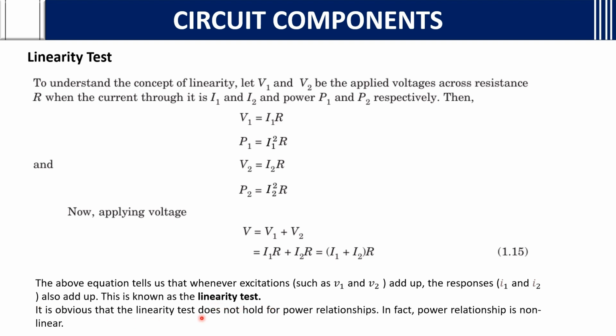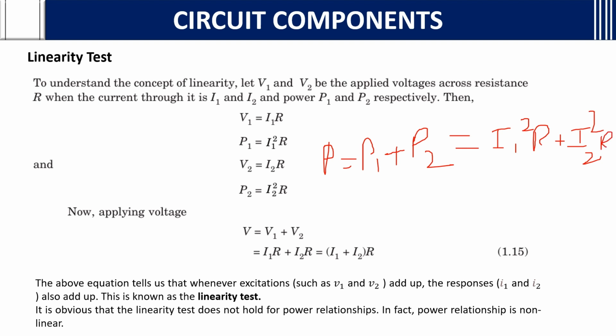It is obvious that the linearity test does not hold for power relations. In fact, power relations are not linear. Why? Because if total power P is taken as P1 plus P2, P1 is I1 squared R plus P2 is I2 squared R. Taking R common, we get I1 squared plus I2 squared.